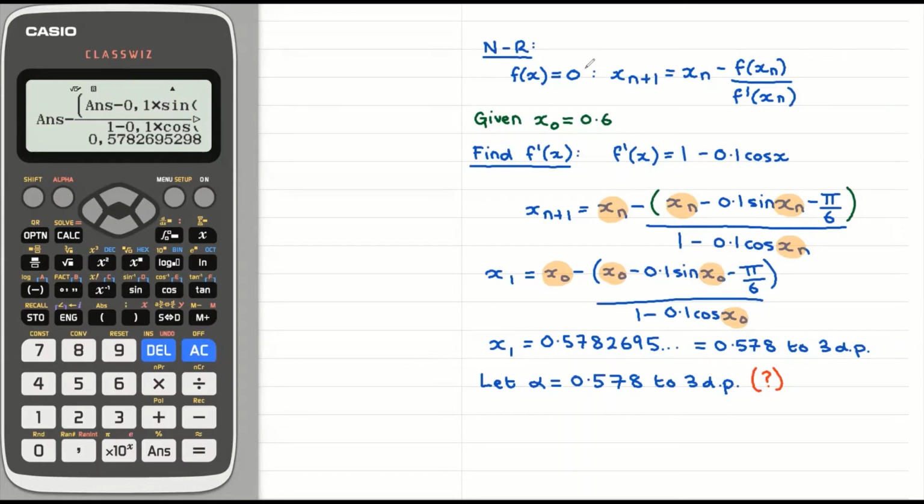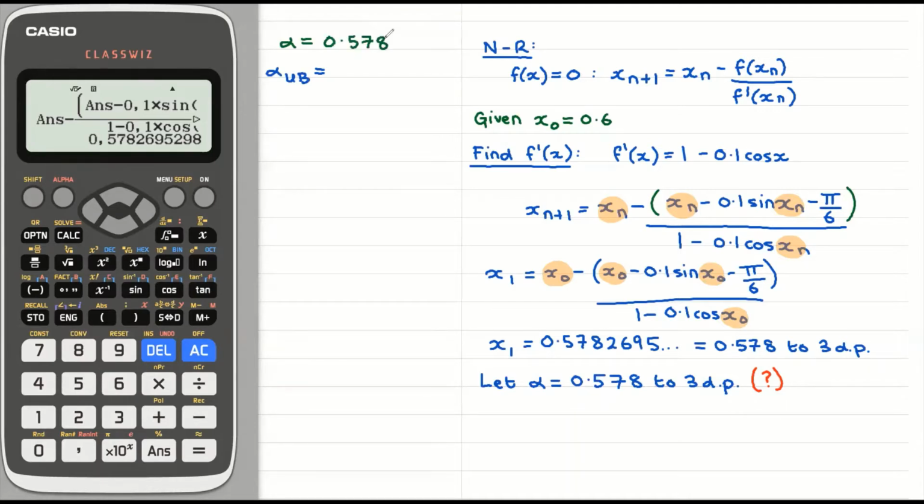So I'm just going to move up to the left-hand side here. So the alpha upper bound. Now remember, if we just write the number out again, alpha is 0.578.